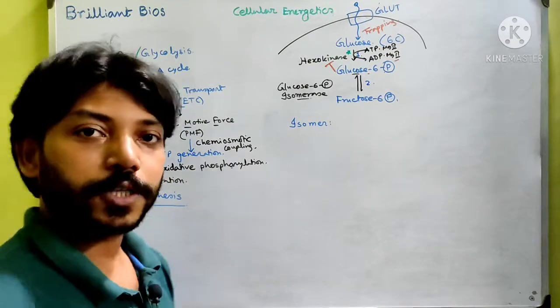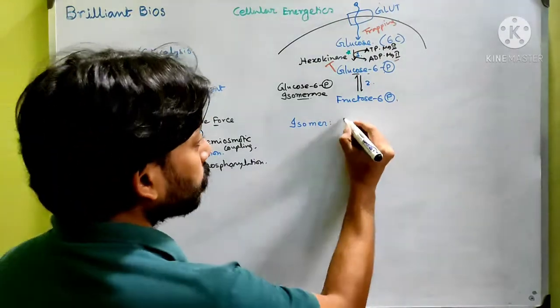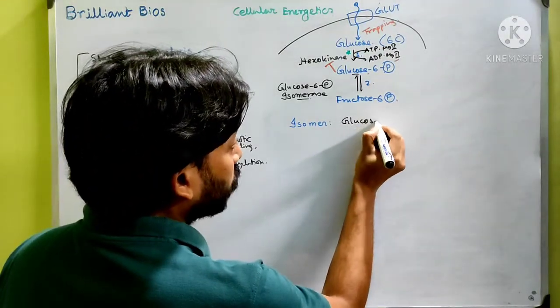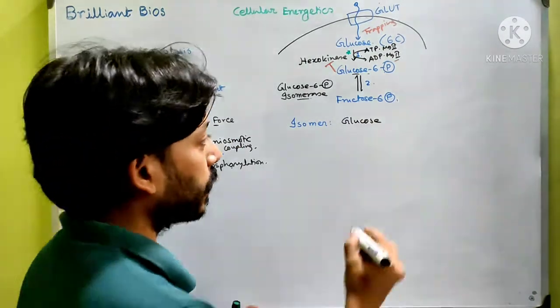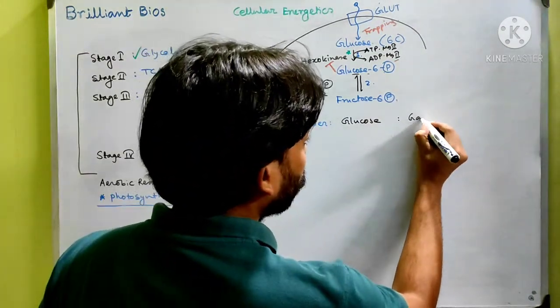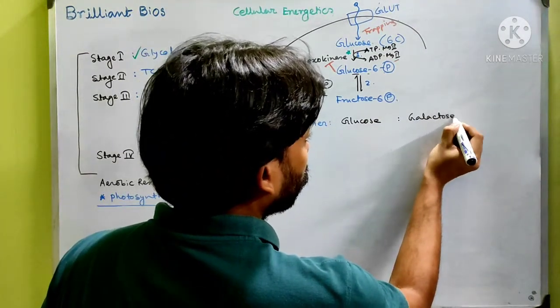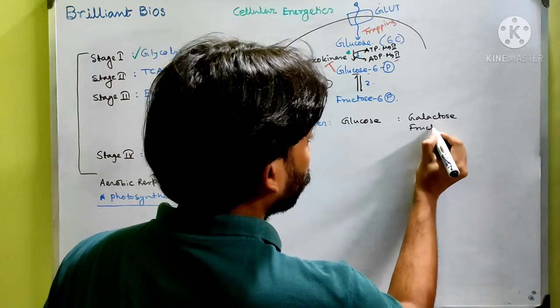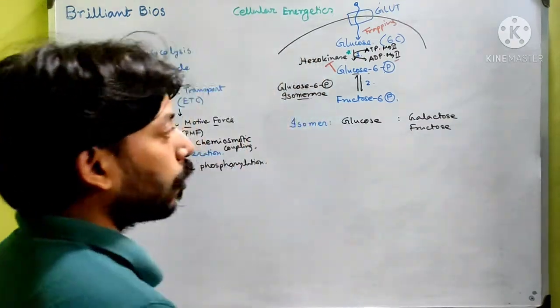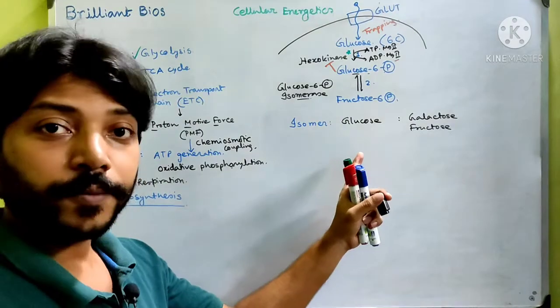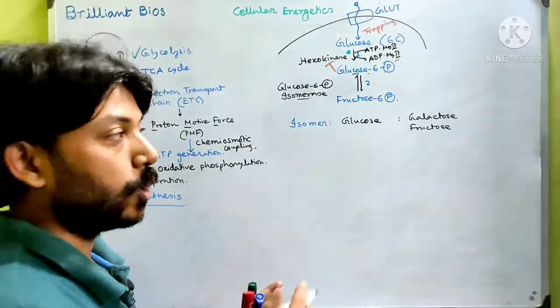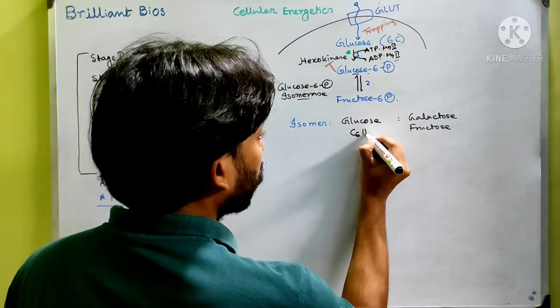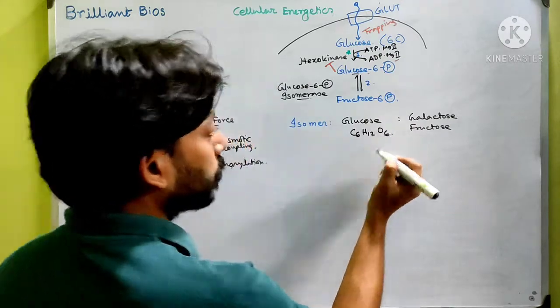Glucose is a monosaccharide. It has two isomers, galactose and fructose. All these three molecules have the same formula, C6H12O6.